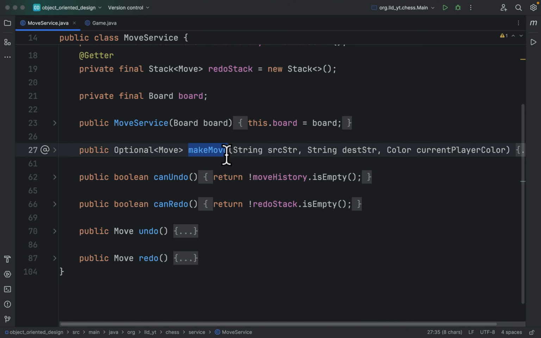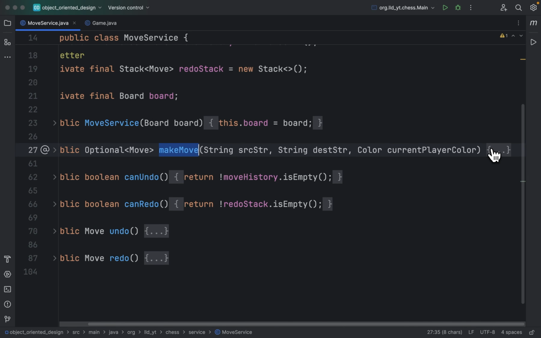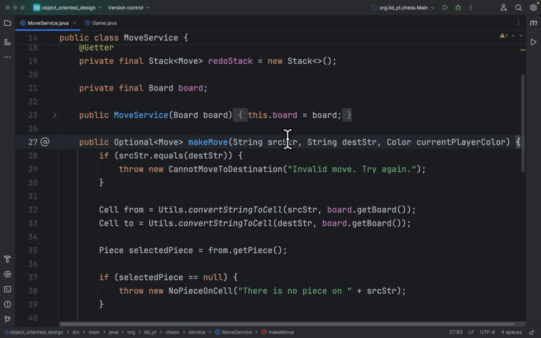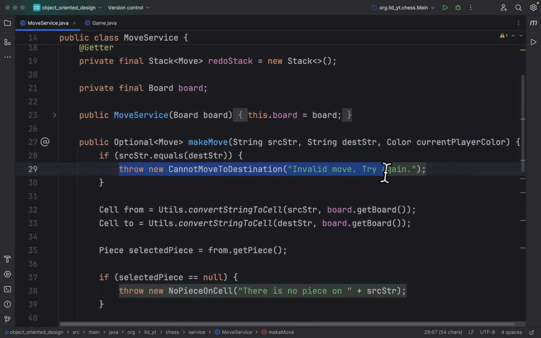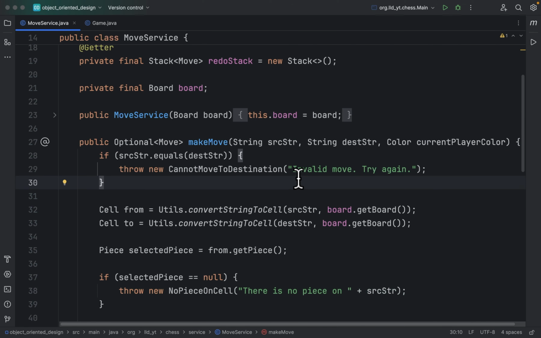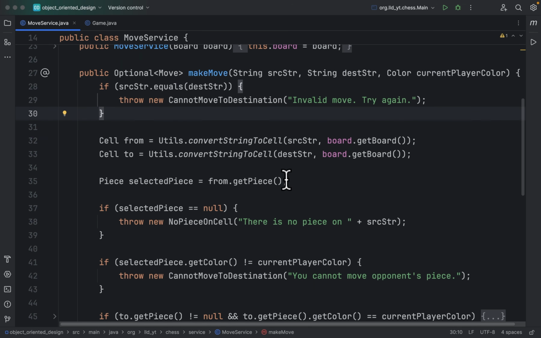Now in the make move function, first of all, I'll check whether the source string, that is A2, A3, etc., and the destination string is equal or not. If it is equal, then I'll throw one error, that is, this is one invalid move. Okay. And if it is not equal, in that case, I'll get the actual cell corresponding to that string. Right. So this is the source and this is the destination.